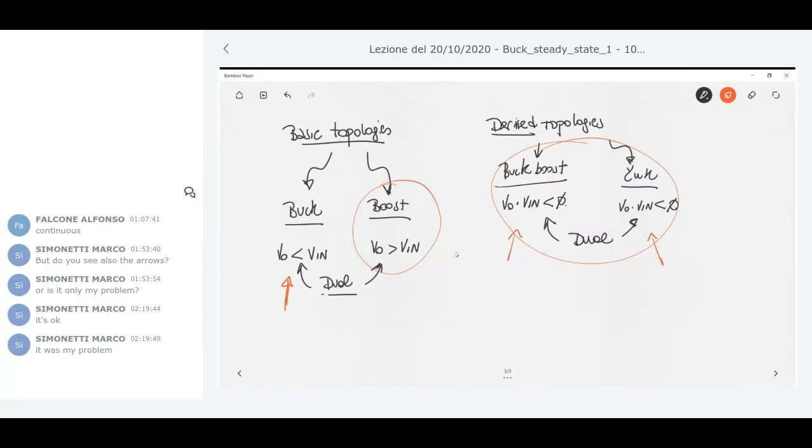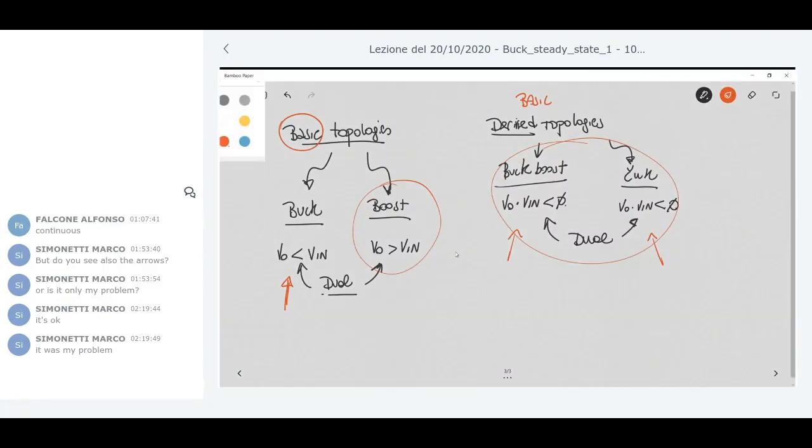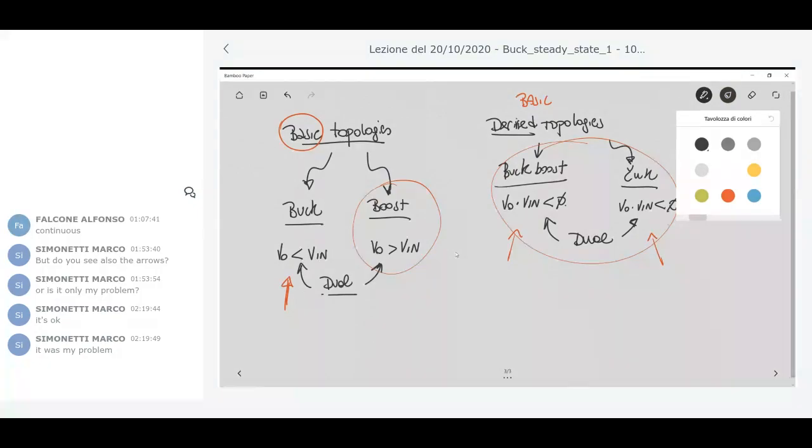There are other derived topologies. The basic derived topologies from the buck and boost are the buck boost and the Cuk. And then there are more derived topologies, and all the derived topologies include a means to galvanically isolate the input from the output. So these four topologies are not isolated.